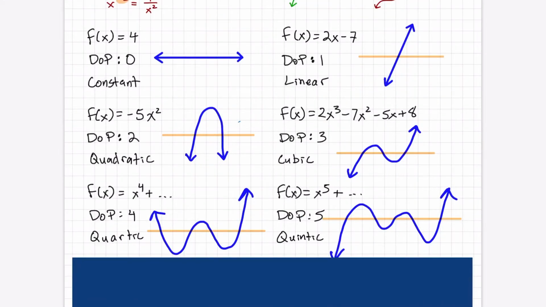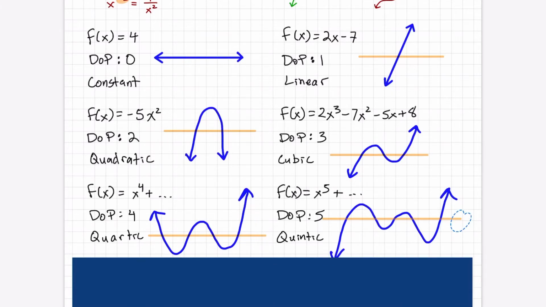Now with this quadratic, if I move this horizontal line, it could either cross twice, or it could maybe touch and turn and just touch it once, or never. But the most number of times would be twice. Look at the cubic. I could cross 3 different times. I might just do once, but the most number of times is 3 times. Look at the quartic. The most number of times it could cross would be 4 different times. It could just do 2, it could be never, but the most is 4.